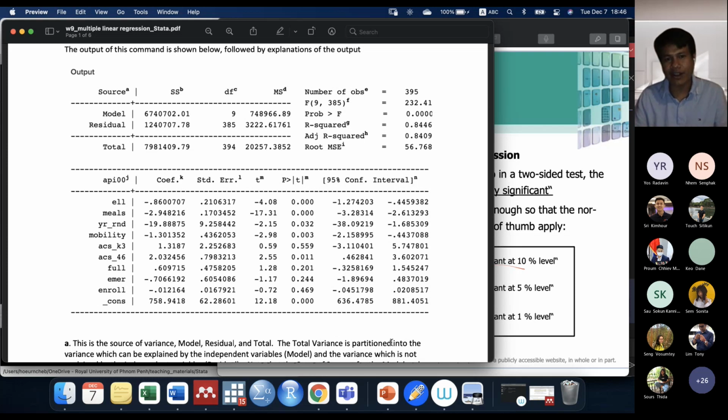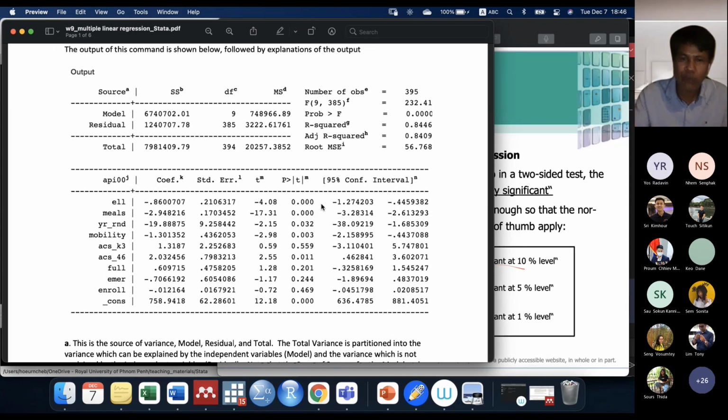Remember, the null hypothesis always states that beta equals 0. When you see the p-value is 0.00, very small here, you reject the null hypothesis. To be honest, you might say there is no probability.